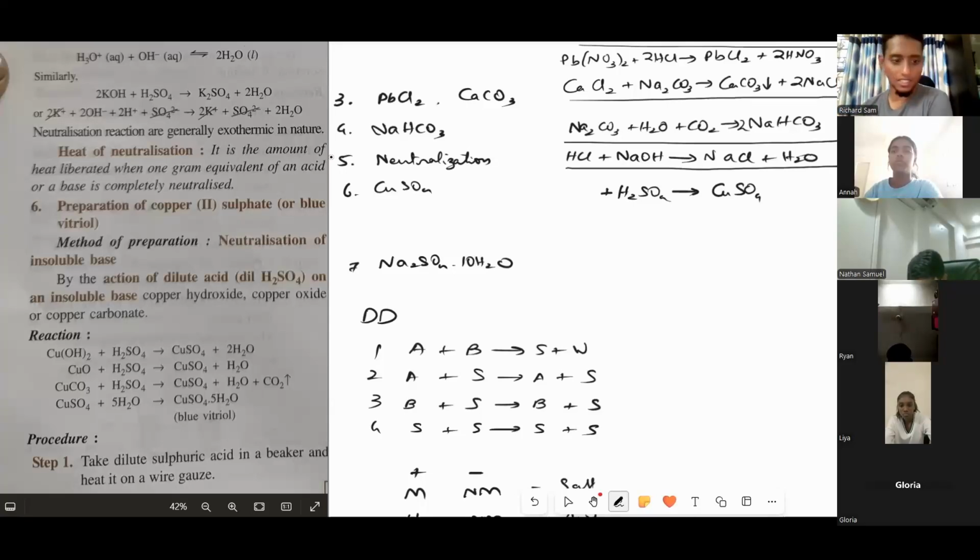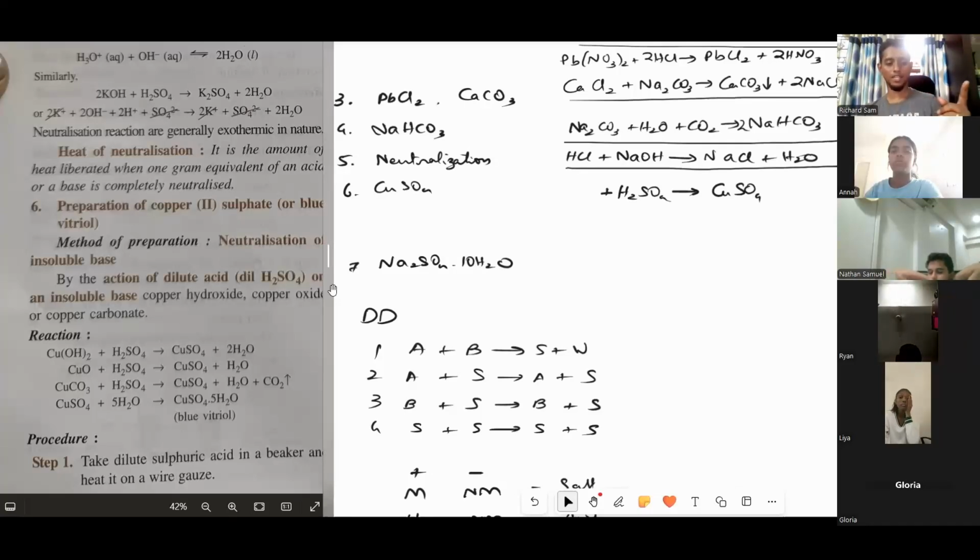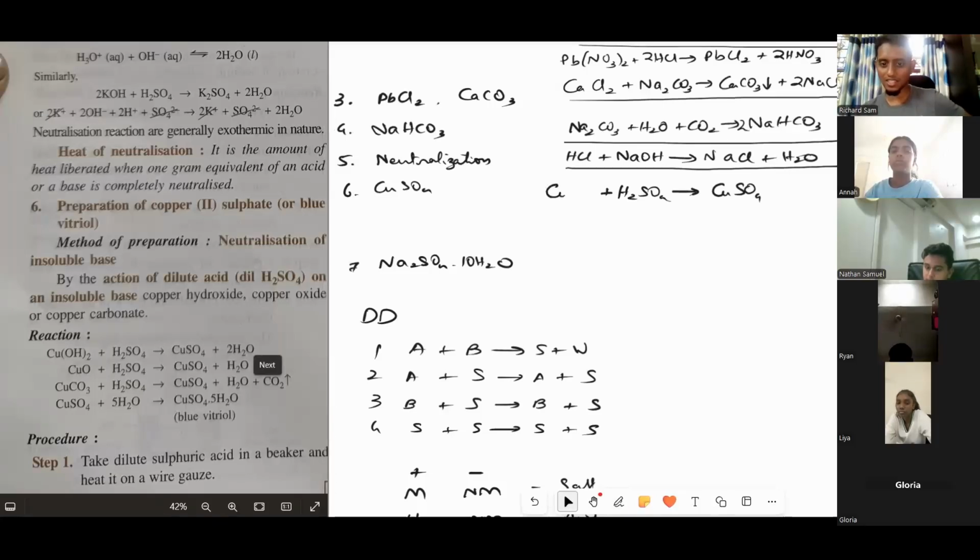If you take copper hydroxide, you get water. If you take copper oxide also, you get water. If you take copper carbonate, you get water and carbon dioxide. So let's take the hardest reaction, copper carbonate, CuCO3. Cu will join with SO4 to form CuSO4. H2 will join with CO3 to form H2CO3. What is H2CO3?